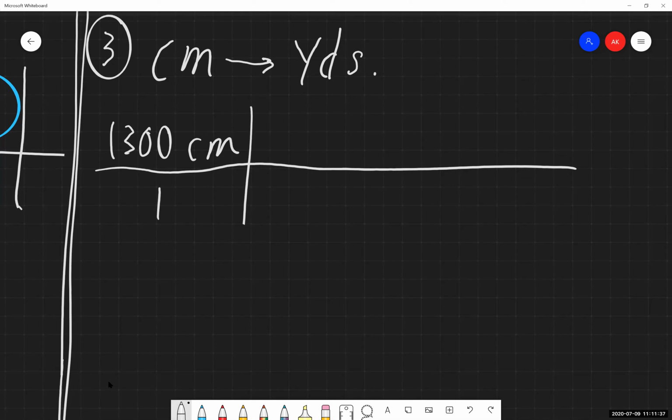So I'm looking at my other sheet and I'm seeing, okay, do I have a centimeters to yards conversion showing up in there? And as I'm looking through it, I'm not seeing one. That's fine. Do I have another thing I could use? Well, I could convert centimeters into inches, and then I could convert inches into feet, and then I could convert feet into yards.